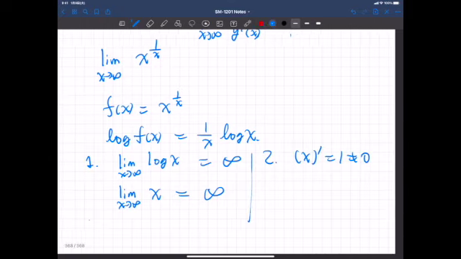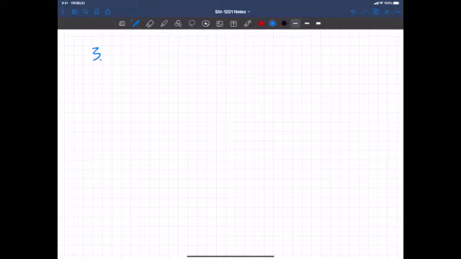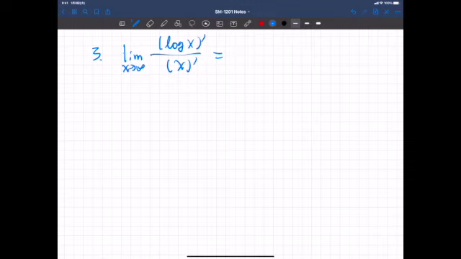And the third condition, the limit x going to infinity of the derivative of log of x, which is 1 over x, over the derivative of x, which is just 1. So we have just 1 over x, and as x goes to infinity, this converges to 0.